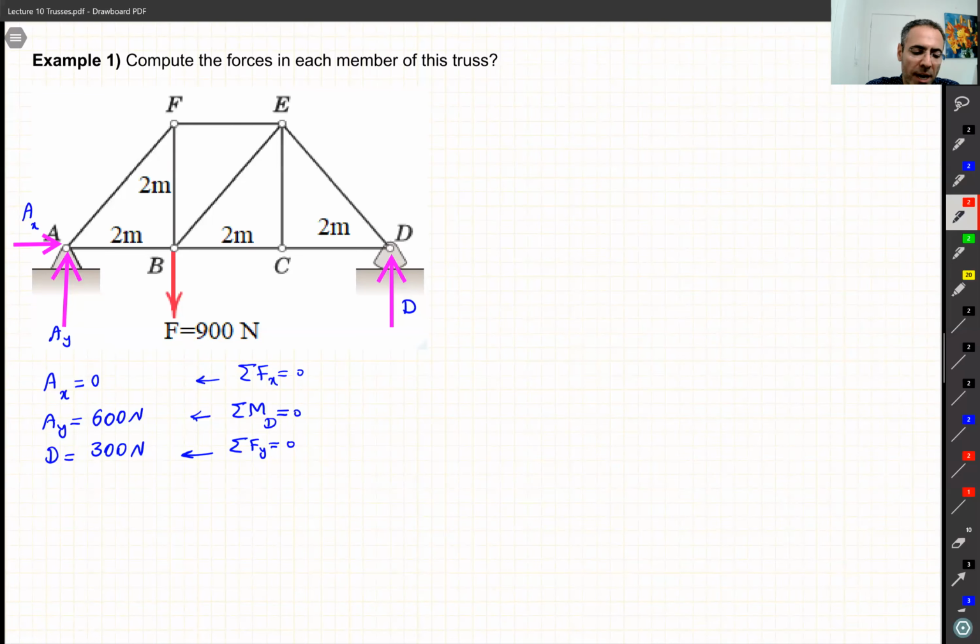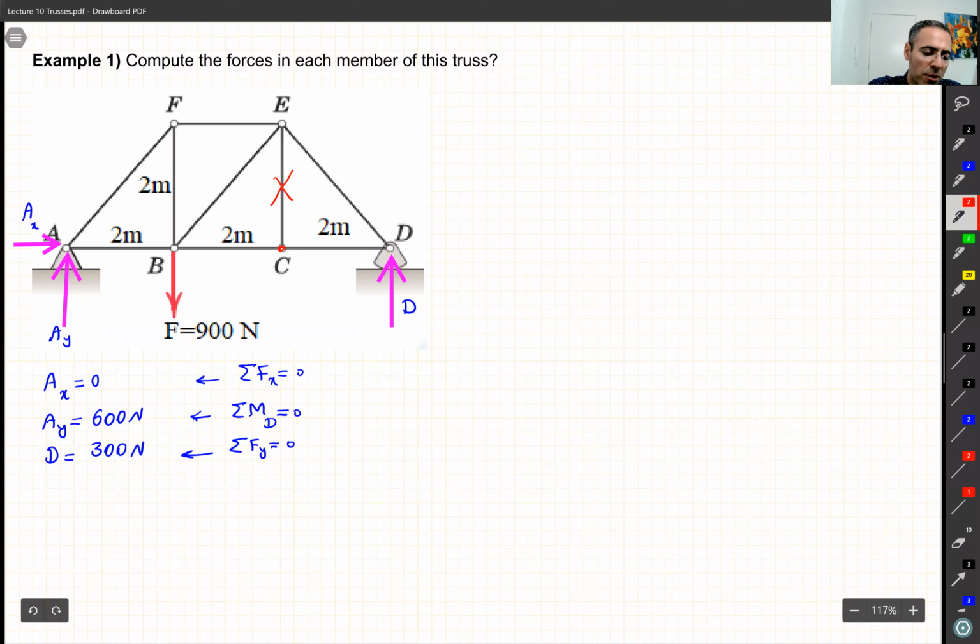Any idea? Do we have a zero force member? Is the one going from E to C a zero force member? Yeah, exactly. Yep, thank you, Oliver.